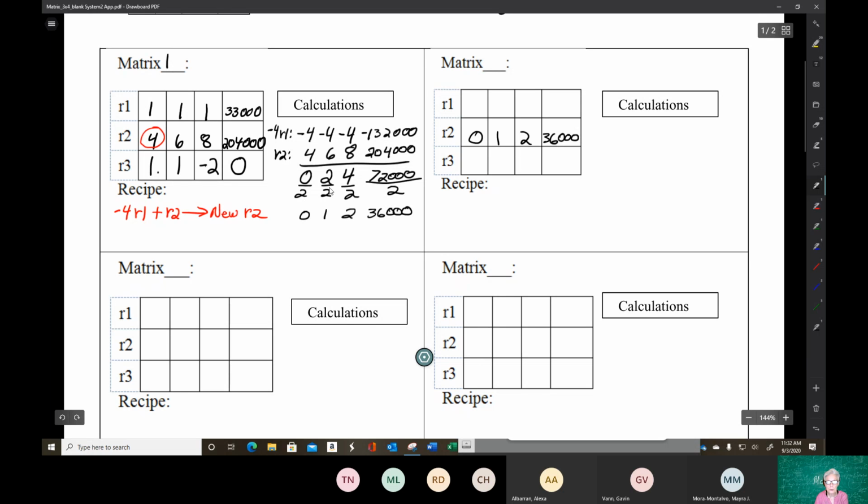Now the other 2 rows stay the same. 1, 1, 1, 33,000. And 1, 1, negative 2, 0.